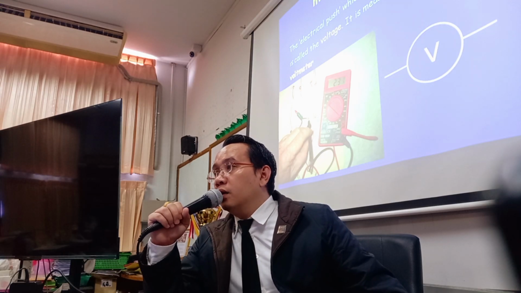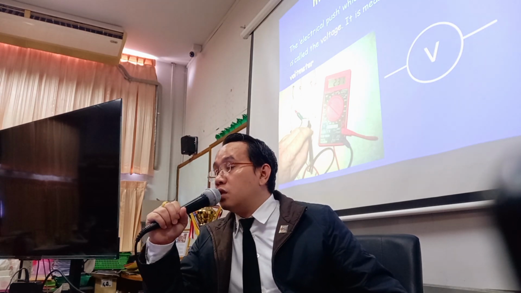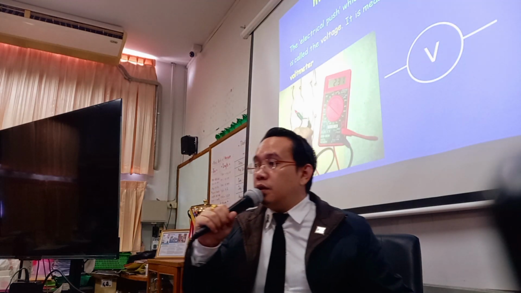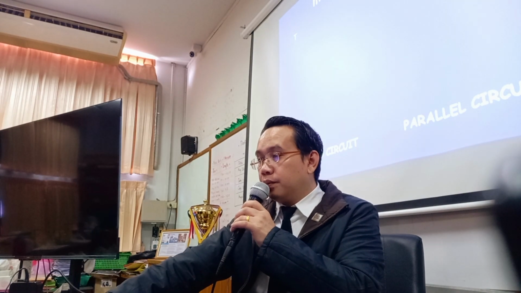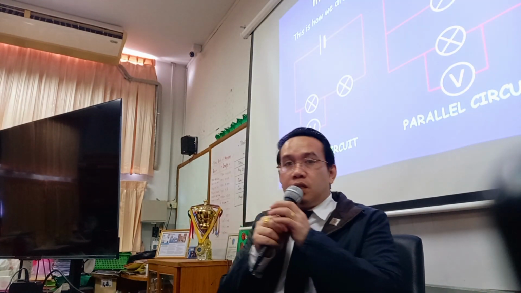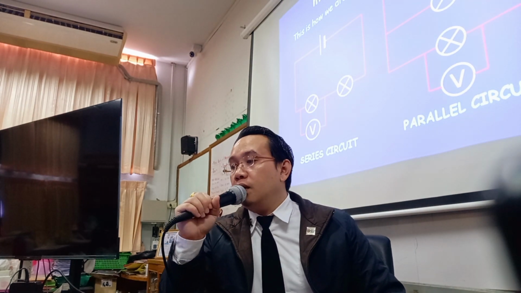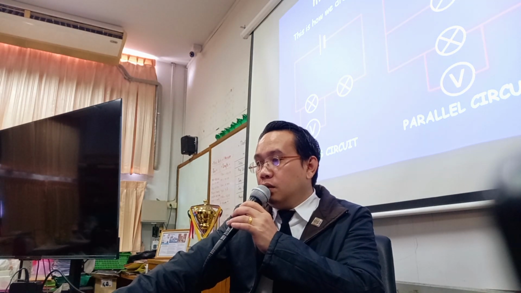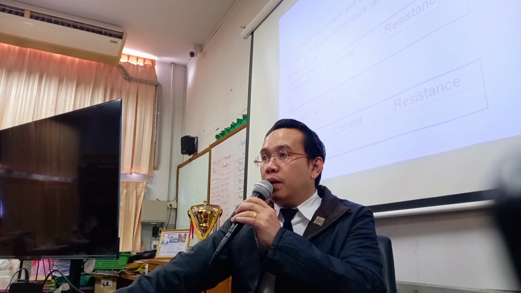Those are the different load capacities of a battery, depending on the usage and the devices that you're going to use. This is always measured in volts on a voltmeter. So measuring voltage, this is how we draw a voltmeter in a circuit, between a series circuit and a parallel circuit.